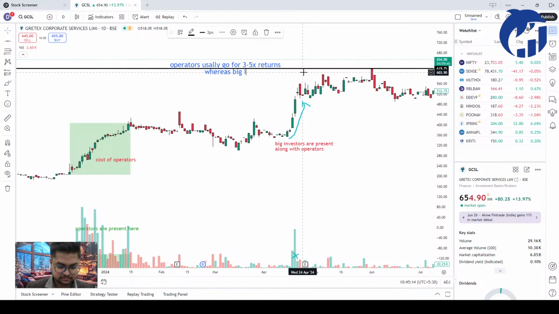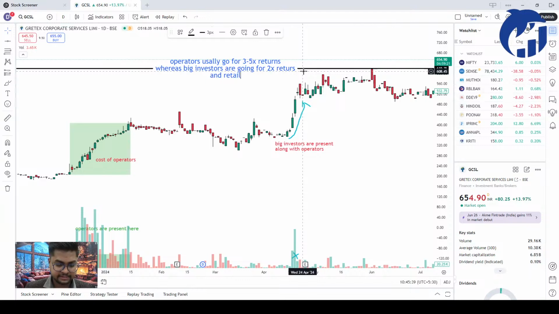So they are having a very good positivity, whereas big investors are going for 2x returns. Big investors usually go for 2x returns, operators usually go for 3 to 5x returns, and retail investors can also profit from it.